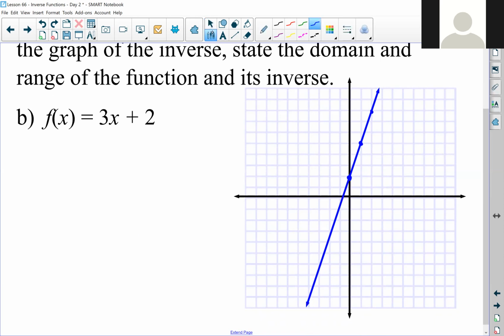Find the inverse. So if y equals 3x plus 2, switch my x and my y. Oh, I've got one other thing to do with that graph. I forgot, but I'll get to that in a minute. Solve for y.